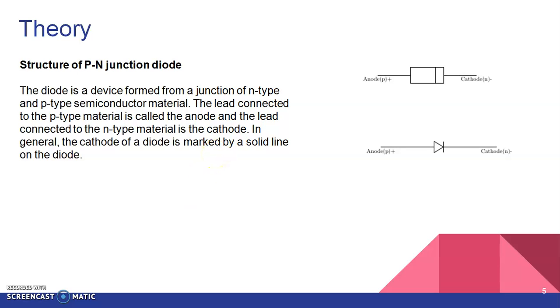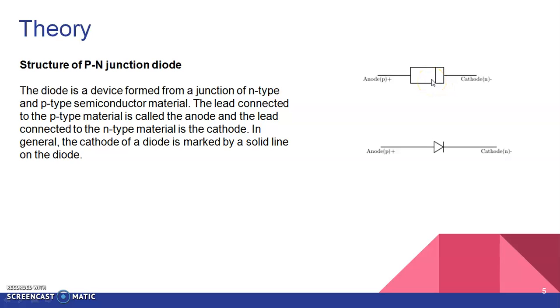Basic theory of PN junction diode. See here, the diode is a device formed by a junction of N-type and P-type material. See, this is a P-type material and the N-type material. P is positive, the anode material, and N is negative, the cathode material.